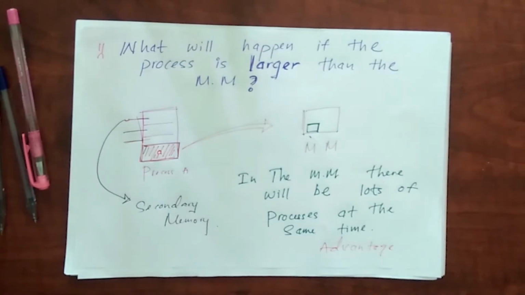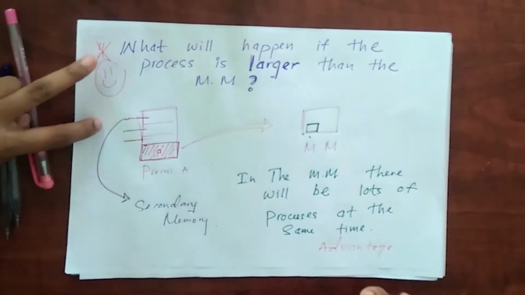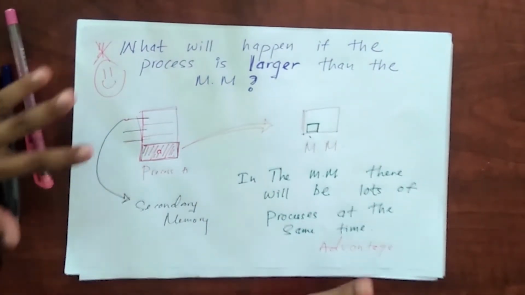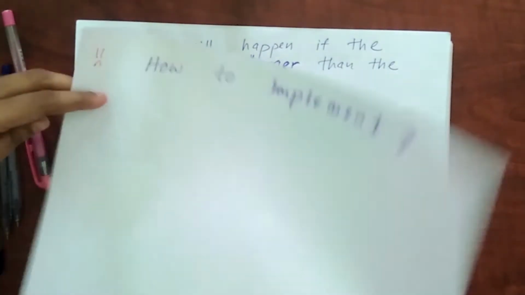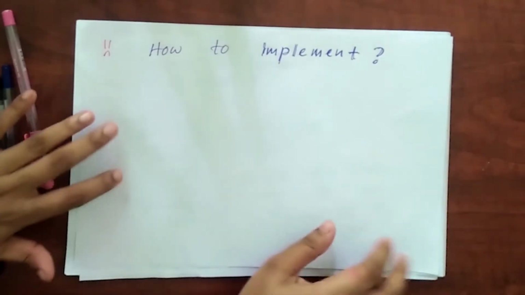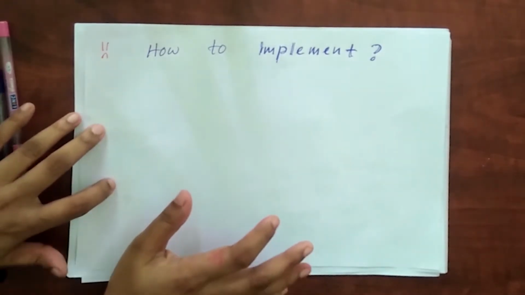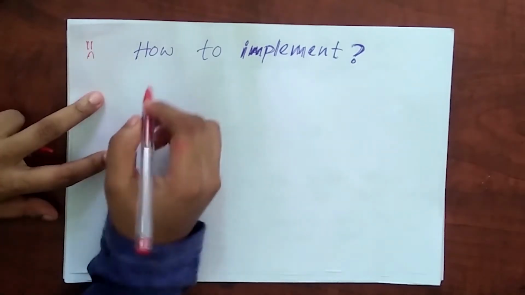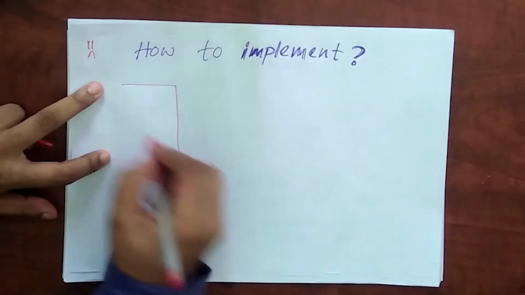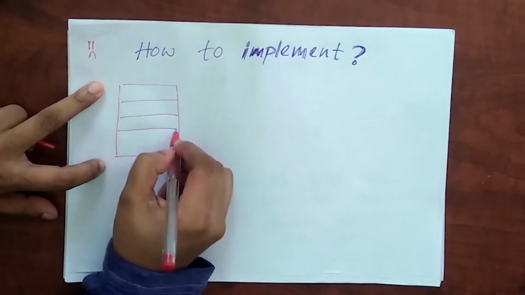I think you understood what I said, and now we have the answer for this question. But we are still not done. Then there comes another issue: how to implement what I said before. So this is how we do it. We are going to divide the process into equal sized portions.